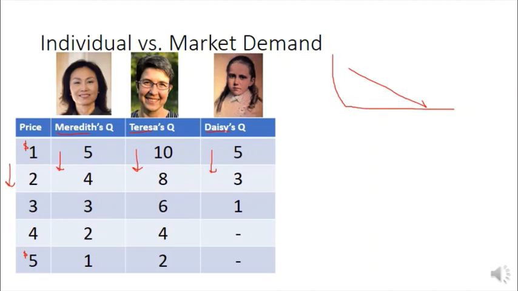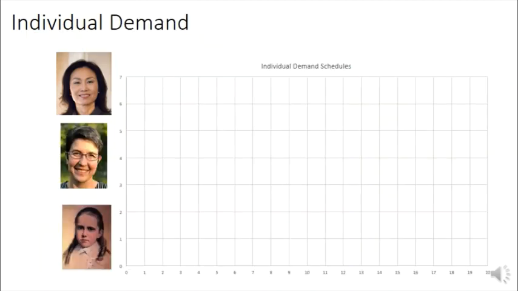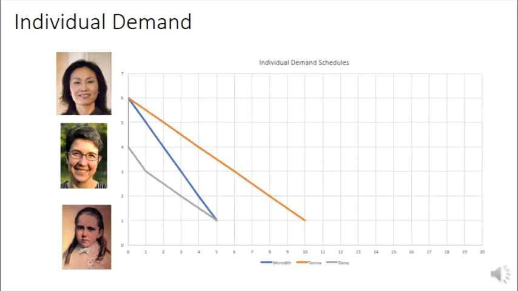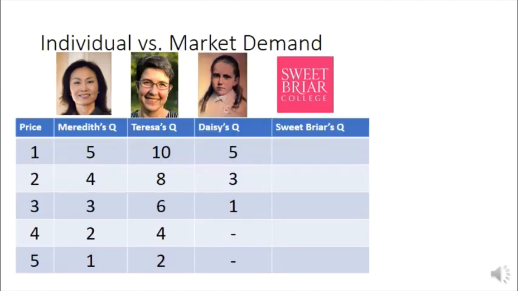We can look at these individual demand schedules and bring them to a graph. What we see here, with price on the vertical axis and quantity on the horizontal axis, is that all three of their demand schedules are downward sloping. But we can also start to consider Sweetbriar's demand for something.